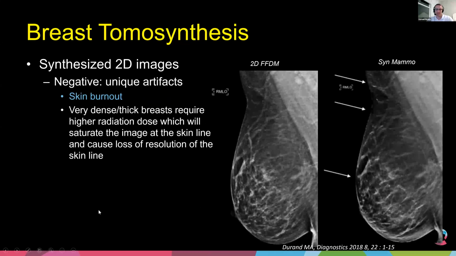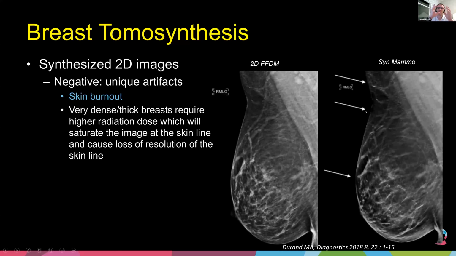All right. Synth modes will at times not have really good, clean skin lines. This has a lot to do with the fact, especially if you have a dense breast and you're doing a tomo sweep, that you're going to have a relatively high mA, and it tends to burn out the anatomy when you do the reconstruction.